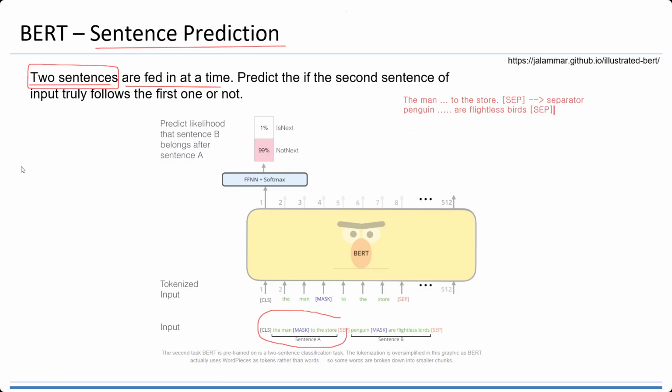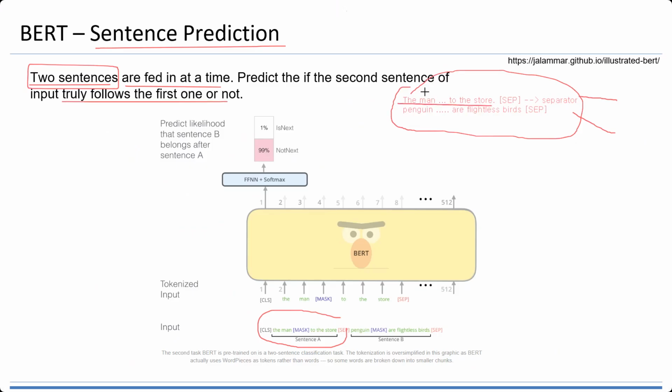So we have two sentences, and we want to know whether the second sentence truly follows the first one. The first sentence is about the man.